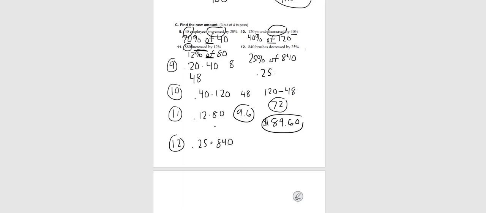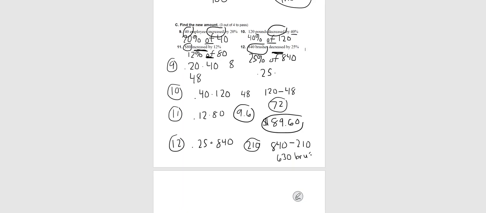So 0.25 times 840 is 210. And if we take 840 brushes and we decrease by 25%, which is 210, we're going to have to subtract 210 from 840. And that gives us 630 brushes.